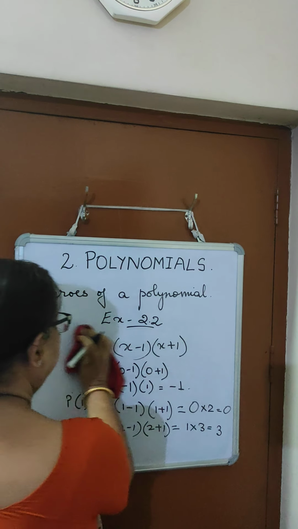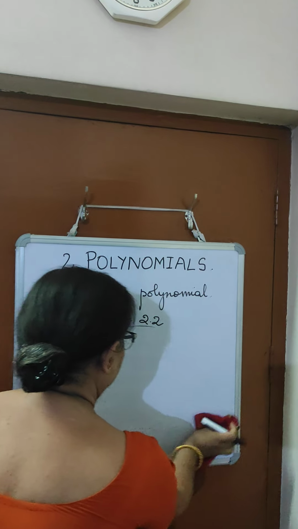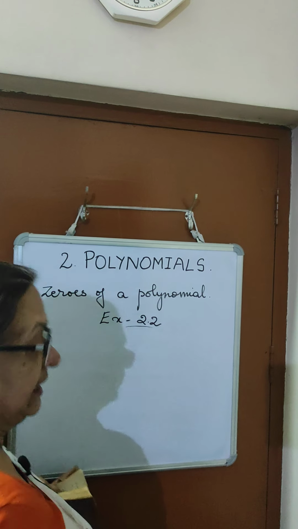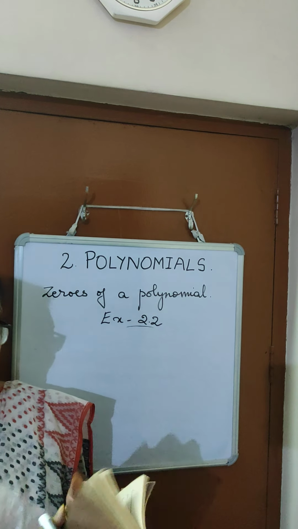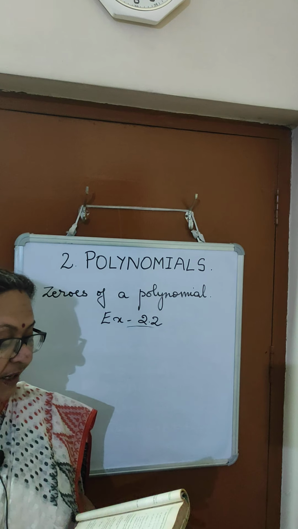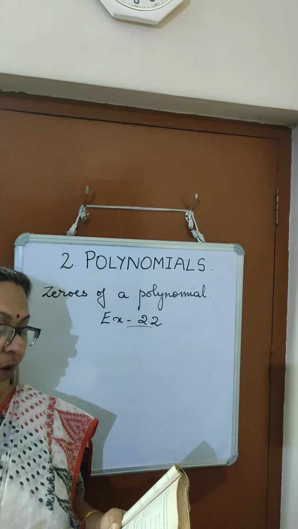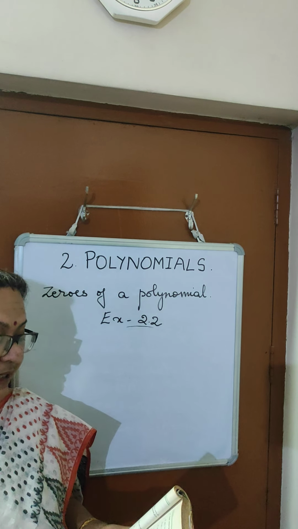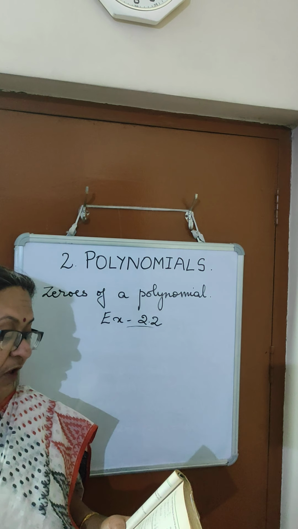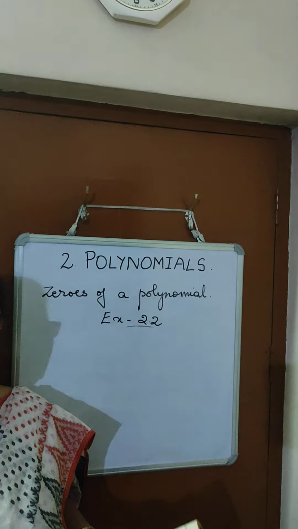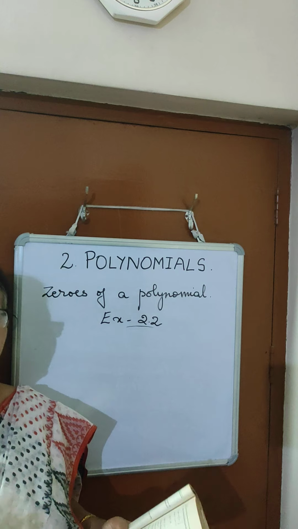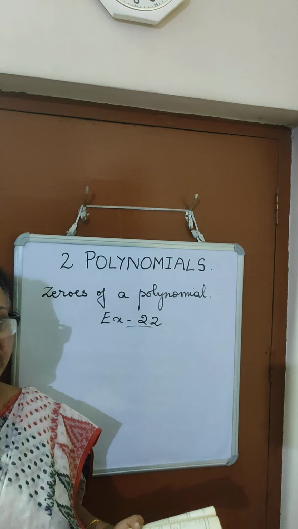Next, let's see the next question. Question number 3, verify whether the following are zeros of the polynomial indicated against them. Okay, see, polynomial is given, some value is given, you have to substitute in place of the variable. If you get 0, it is a 0.